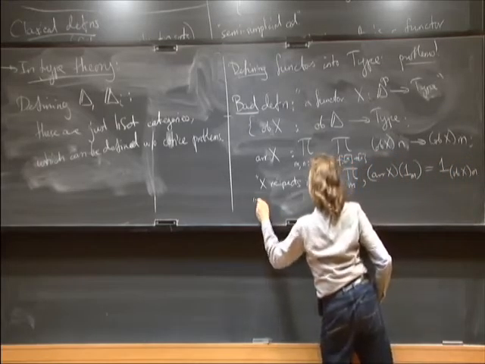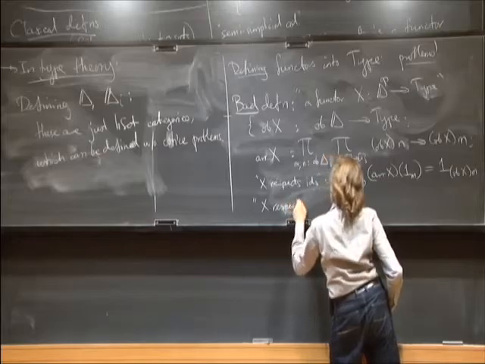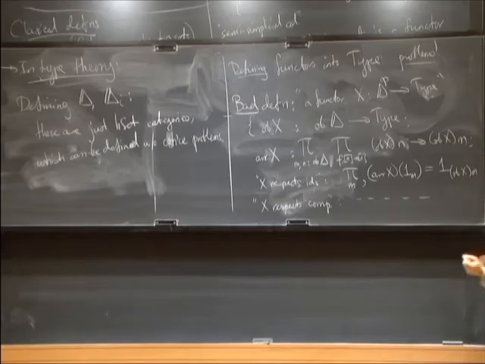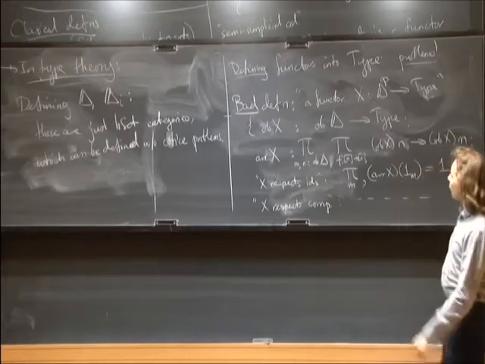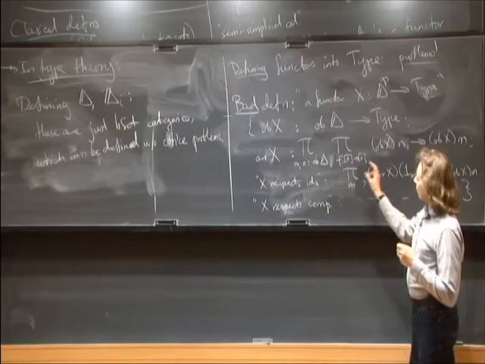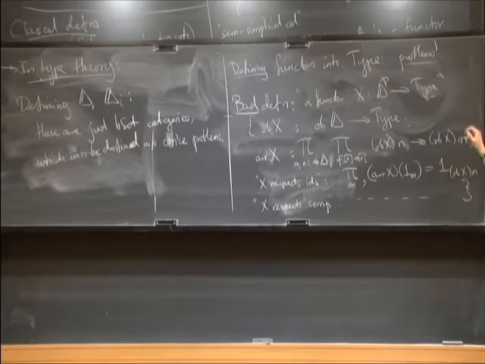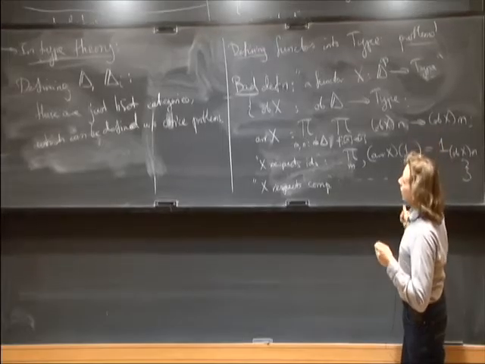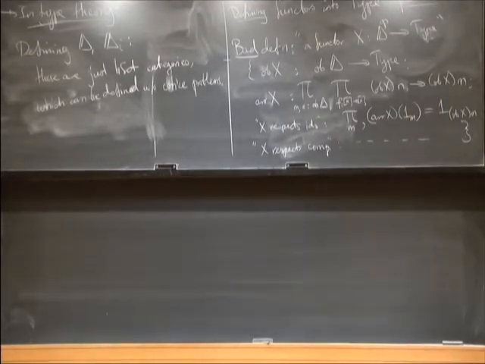And then x respects composition, something similar, which I won't write out the details of. So that looks very temptingly like a reasonable definition of a presheaf on delta. What's wrong with it? The trouble is that we've got things which are specifying equalities now without specifying any relationships between these equalities, but there are relationships between these equalities which should hold.